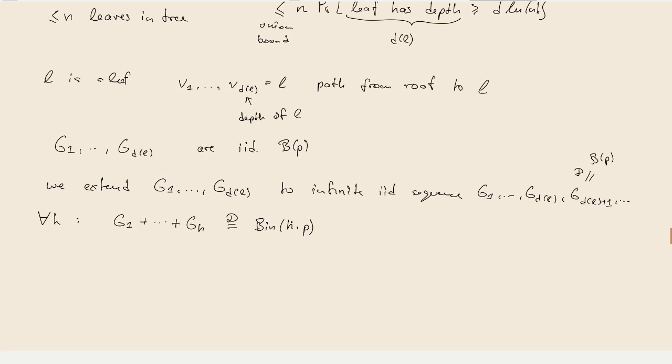The binomial distribution with h trials and probability p is exactly the number of successes when you try h times and succeed in each step with probability p independently and identically for all the trials. And this is exactly what we're doing here. And for binomial distributions, we can apply our Chernoff bound.